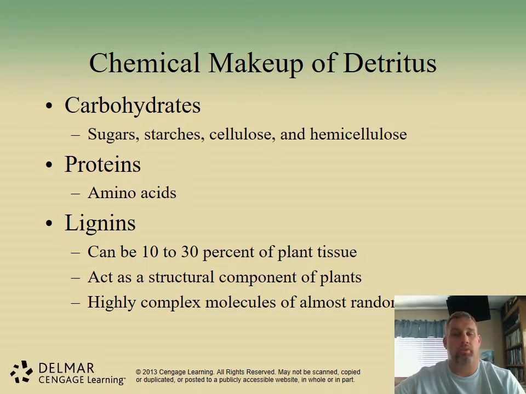What we're going to talk about really is called detritus, and that is the decayed matter. The definition of that is all of the fragments of decayed matter that are in the soils. These contain carbohydrates, the sugars, the starches, the celluloses.